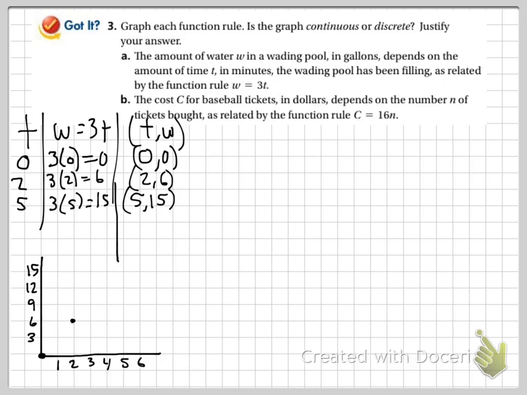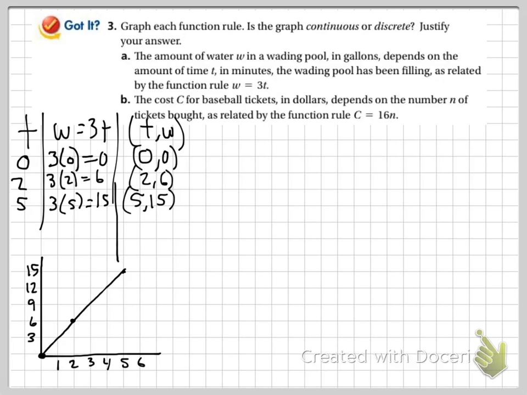And I've got a point at 5, 15. Can I have 1.5 minutes? Sure. And can I have 2.5 gallons? Yeah. So this is going to be a continuous graph. So I'm going to connect my points in a line.